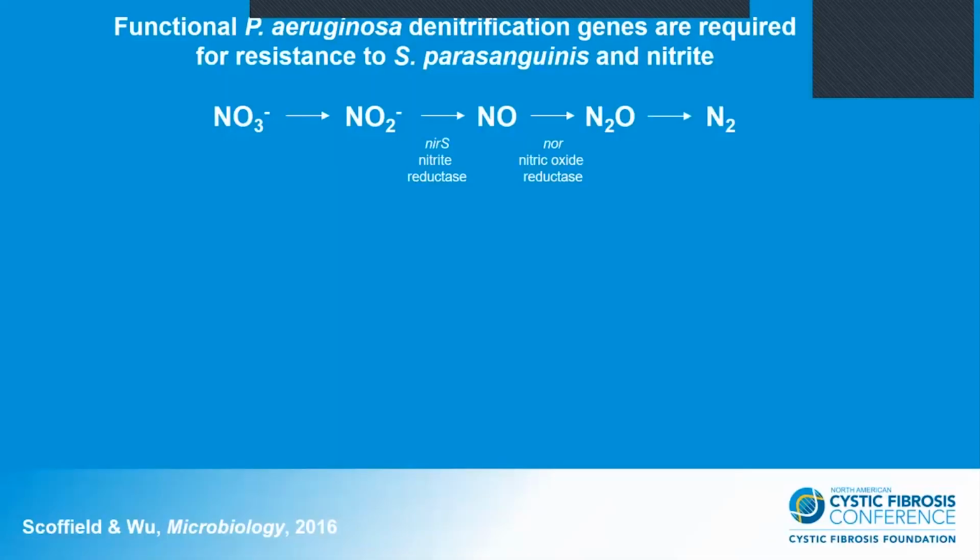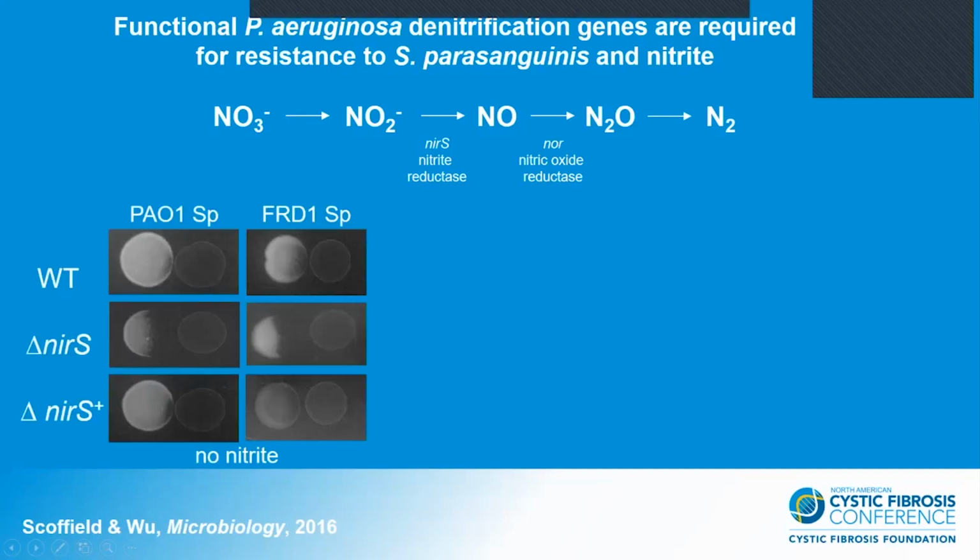And so because these genes are involved in responding to reactive nitrogen species, we questioned whether mutations in these genes, particularly nitrite reductase, which reduces nitrite to nitric oxide, as well as the nitric oxide reductase, were involved in the ability of Pseudomonas to resist or become susceptible to parasanguinus mediated nitrosative stress.